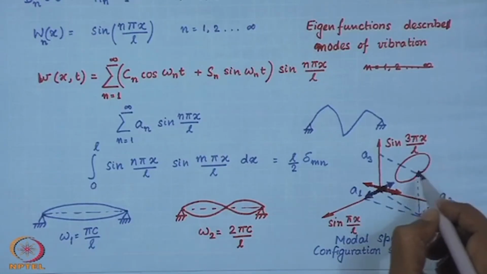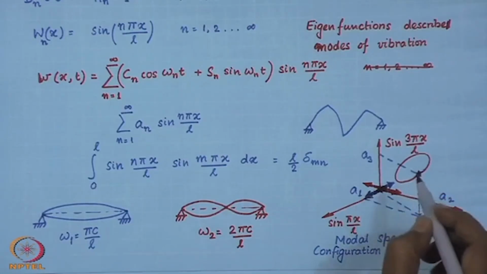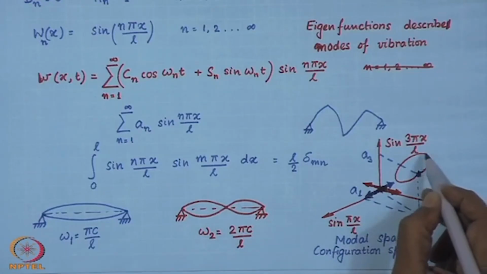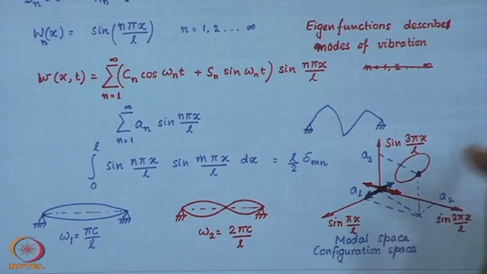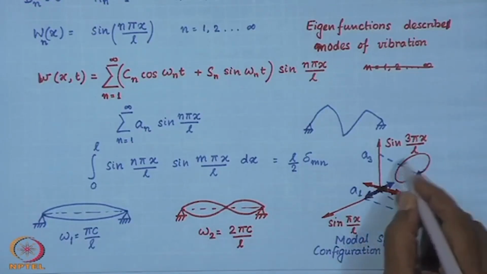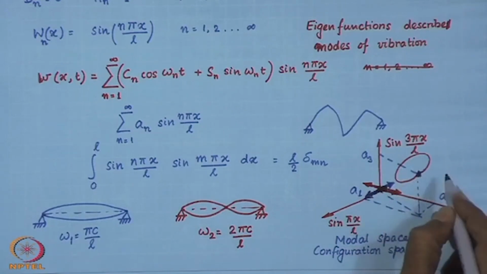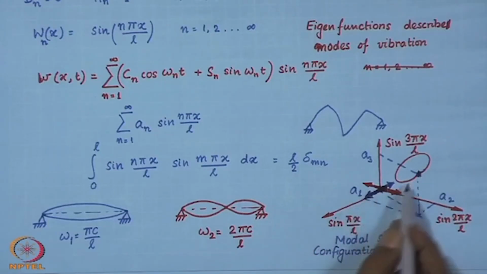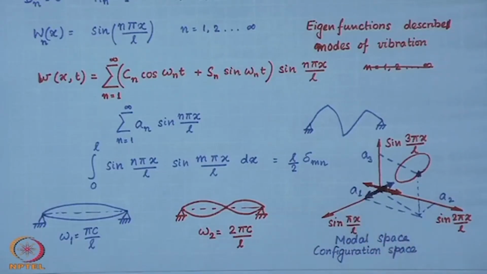So, in this space the configuration of a string at any time instant is represented by a point, and when it moves from one configuration to the other, it is nothing but the motion of this point in this space. And we have seen that the elemental motion, or the motion along these axes, represents the modal solution.